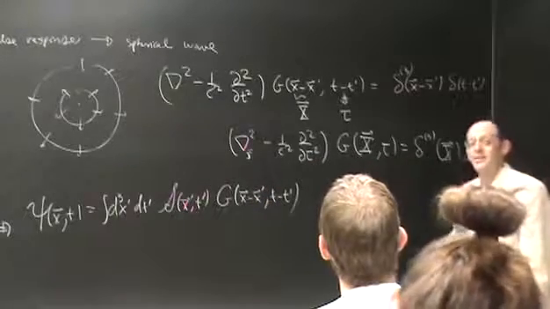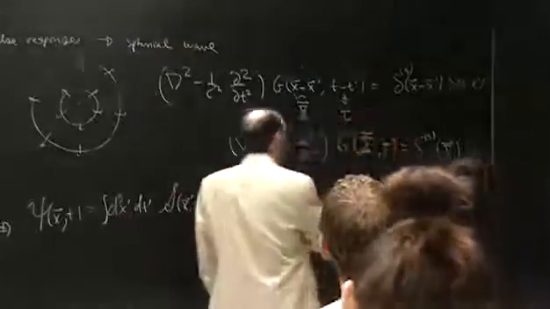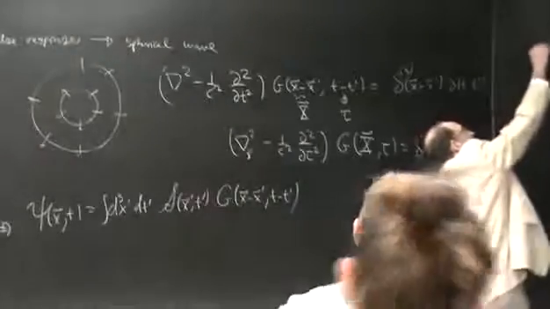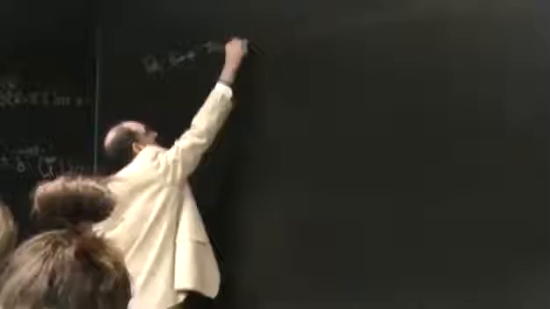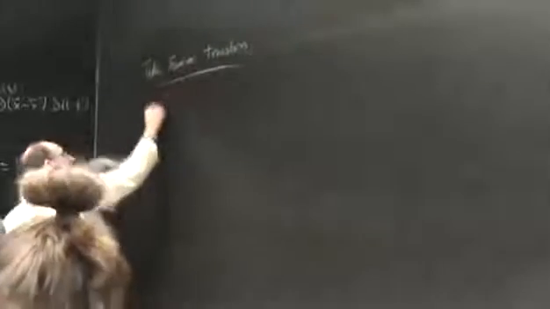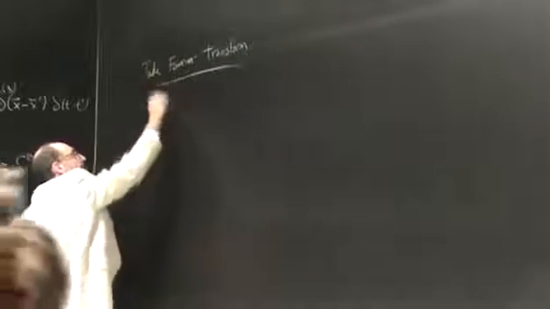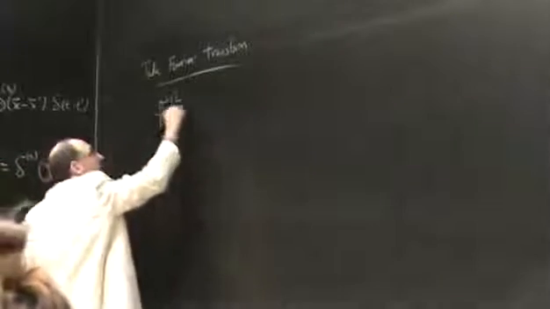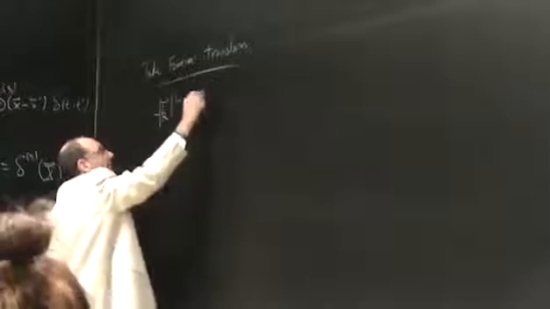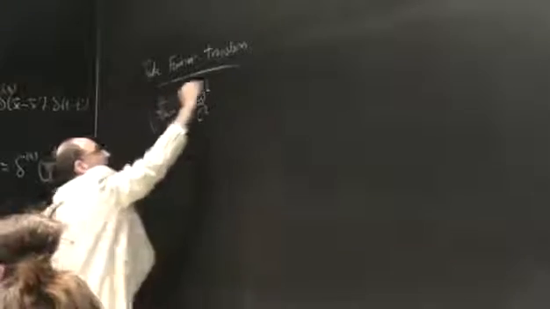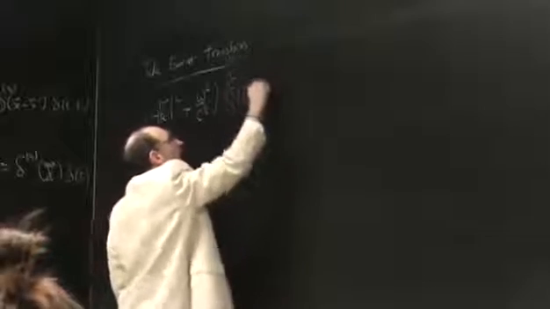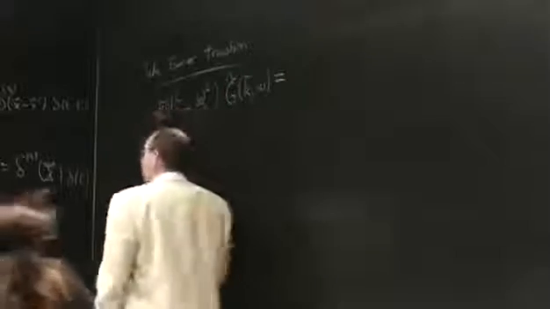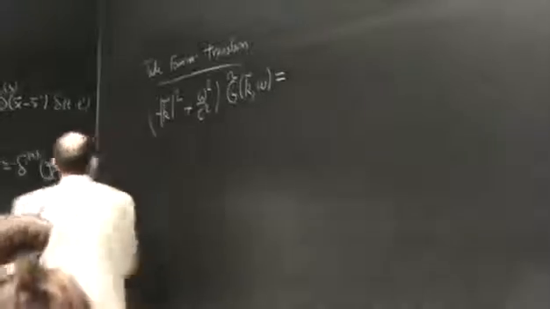Take the Fourier transform. Thank you. So, we just take the Fourier transform. And thus we get minus k squared plus omega squared over c squared, g tilde of k and omega, is equal to the Fourier transform of the delta function.